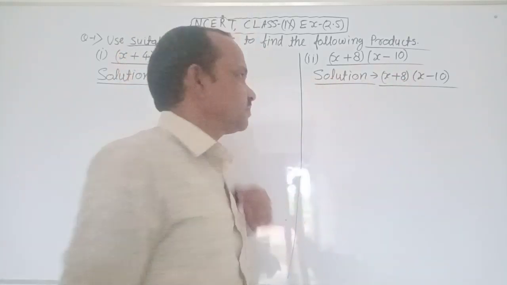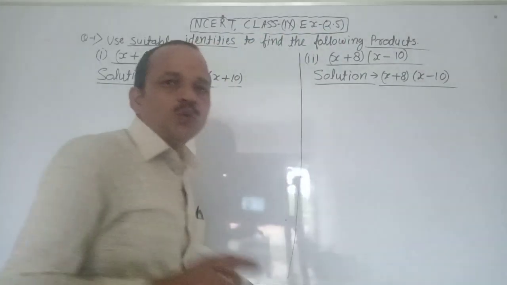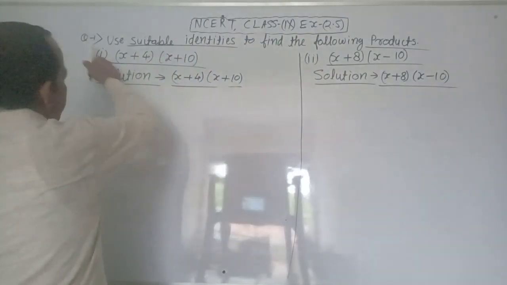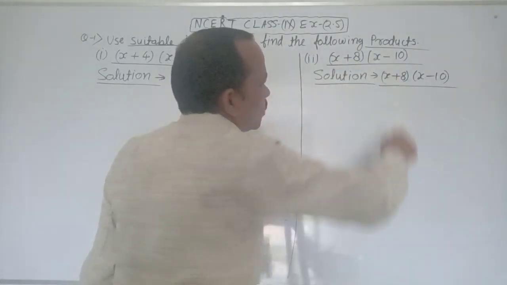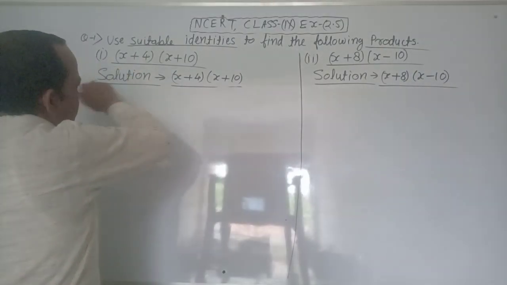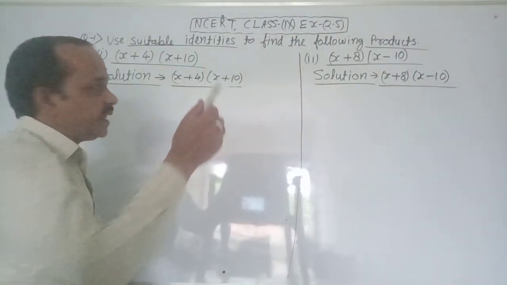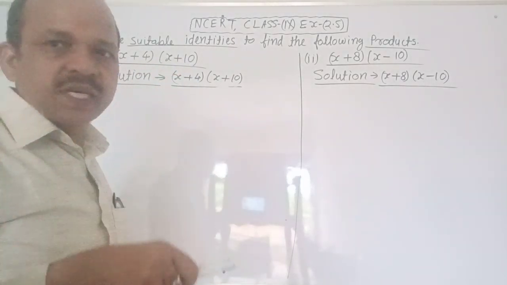See the book. NCERT class 9 exercise 2.5. Question number first. Use suitable identities to find the following product. Question first, part first. X plus 4 in first brackets, x plus 10 in second brackets.